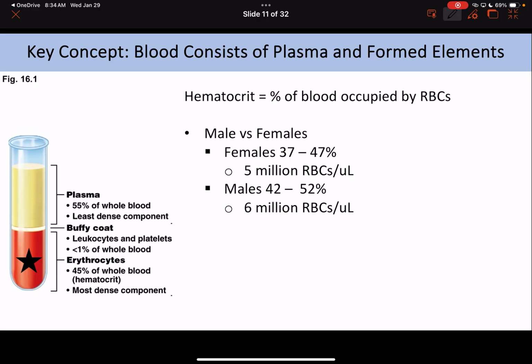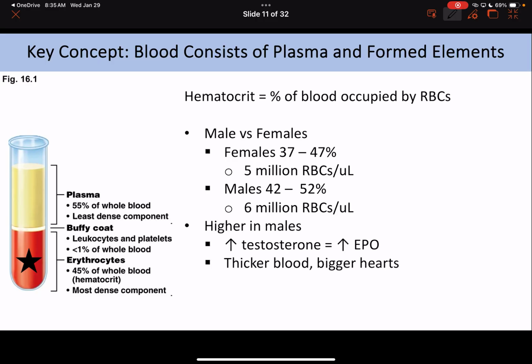Males have quite a bit more red blood cells. Males have 6 million red blood cells per microliter, and their hematocrit is a little bit higher, between 42 and 52%. The reason why the red blood cell count is higher in males is because they have more testosterone, and testosterone is going to trigger more EPO production, and then more EPO production is going to trigger more red blood cell production.